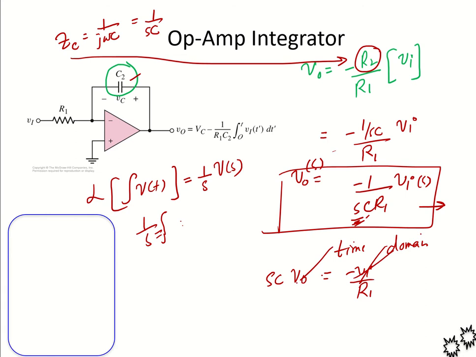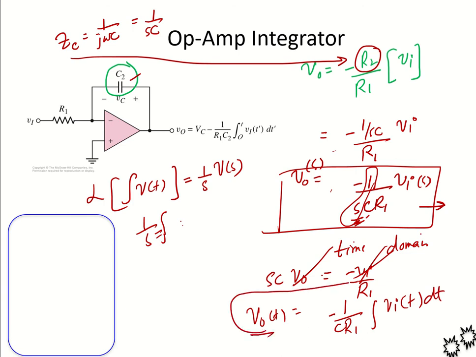So V out in the time domain will be minus 1 over C R1, and this 1 over s is replaced with the integration of V input of t. That will be the output in the time domain. So in the time domain, the input signal is being integrated with the factor here.